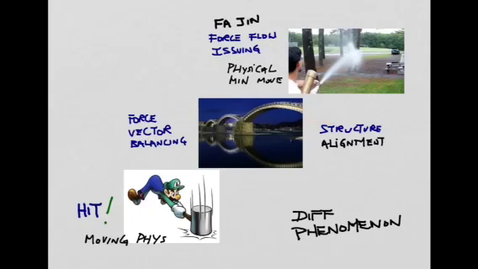Okay, so that has to do with the structure. That's the second type. The third type is what we usually call Fa Jing, which translates to force flow issuing.